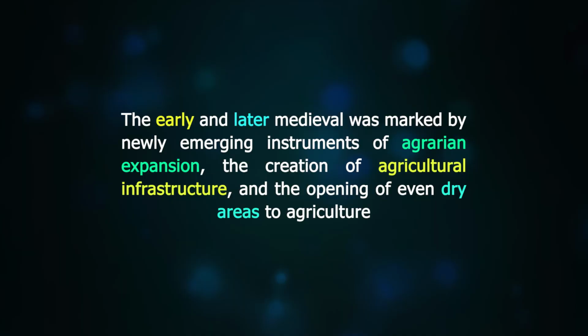Pastoralism dominated the early phase, irrigated culture grew more prevalent in the riverine regions, and new areas were colonized in the later phase. Furthermore, the early and later medieval period was marked by newly emerging instruments of agrarian expansion, the creation of agricultural infrastructure, and the opening of even dry areas to agriculture.